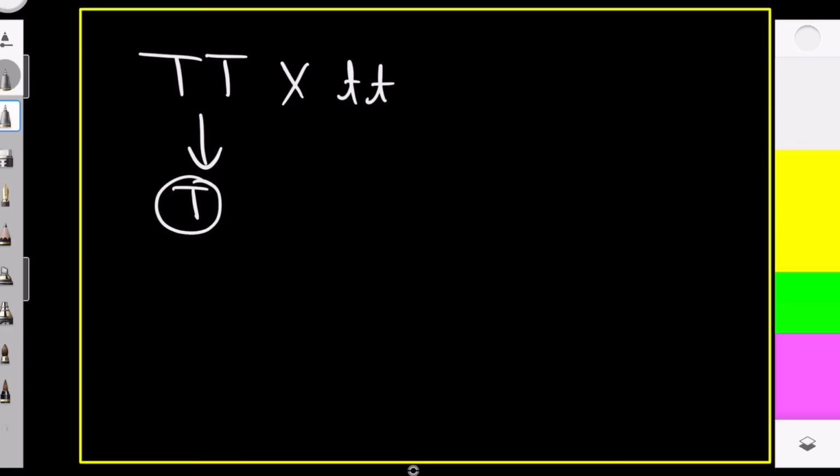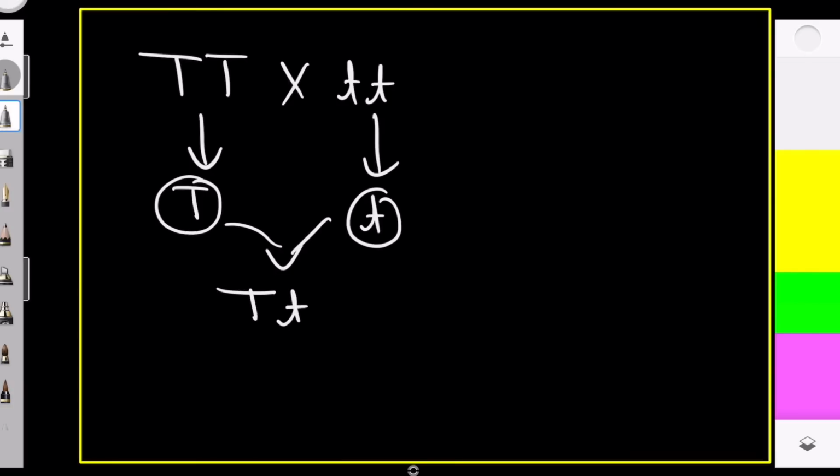Here you are going to see the formation of one type of gamete, and here also one type of gamete. They are going to fuse, and in the F1 generation you see the genotype capital T, small t. So this is the F1 generation individual, and here you see 100% tall. So all the F1 progeny are going to be tall.